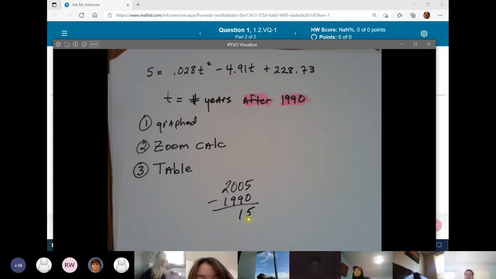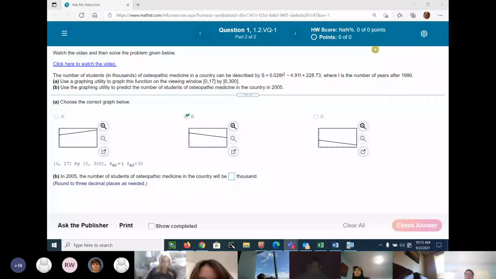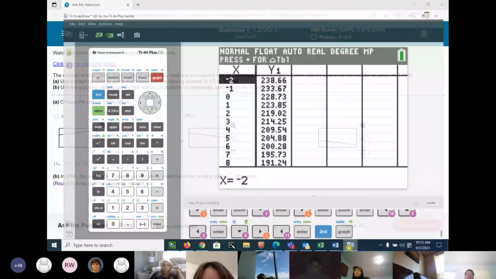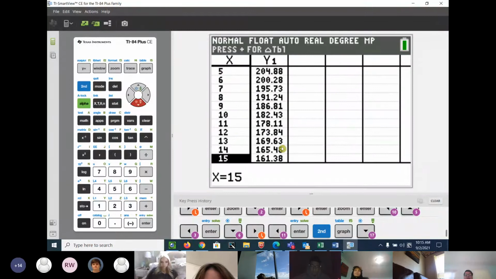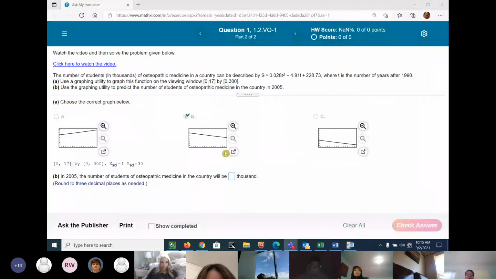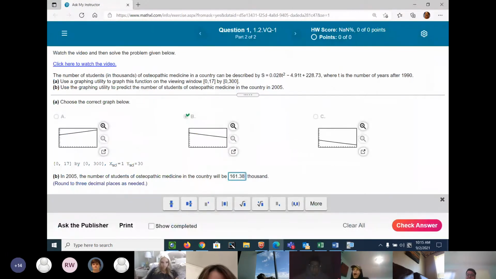And go to x is equal to 15 on your calculator. I got 161.38, unless they want us to move the decimal because it being in the thousands. That's it.